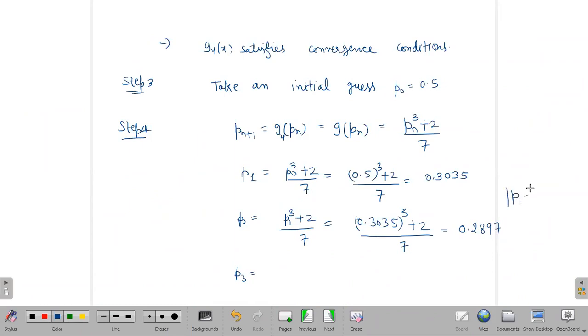Here you can check that p1 minus p2 is not less than 10 raised to minus 2, if you see the difference of these two. So now again find 0.2897 cube plus 2 by 7. It is 0.2895. So here you are getting the accuracy. p2 minus p3 is less than your tolerance, so this is your approximate root.